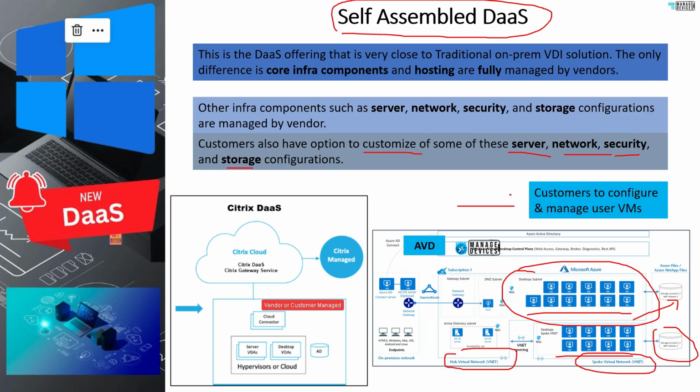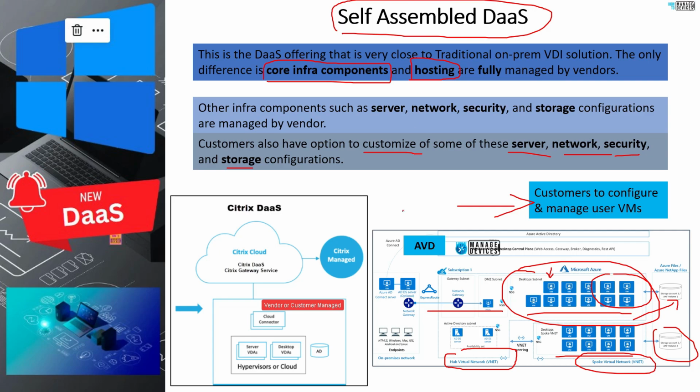What is the customers' pure responsibility here? Customers will have to manage and configure these VMs. That is the customers' responsibility in a self-assembled DaaS solution. And network connectivity, etc., all those things customers will have to manage. So mainly core infra components are provided by the vendors in this scenario. Hosting is also provided by vendors if customers want to use public cloud infrastructure.